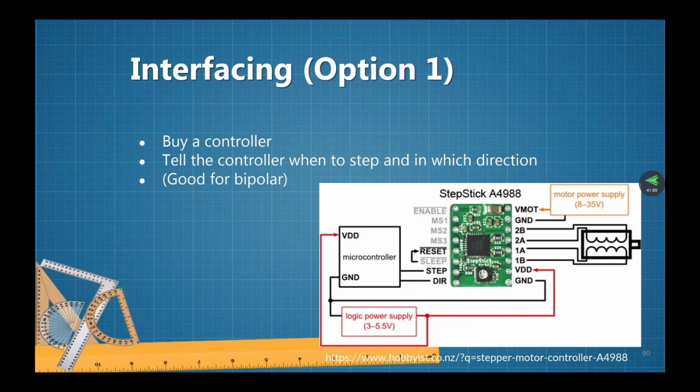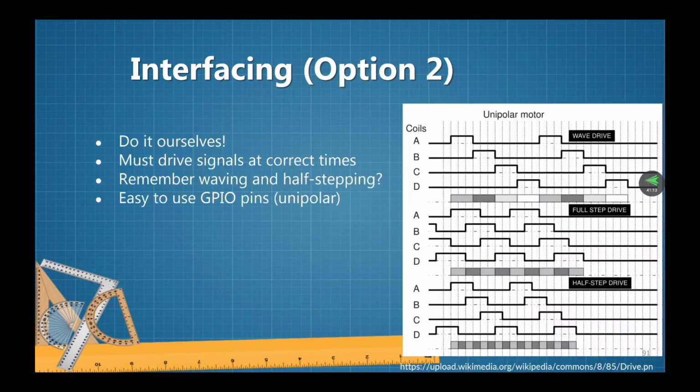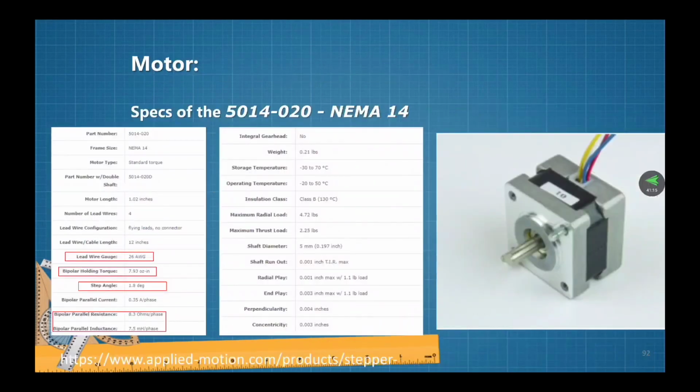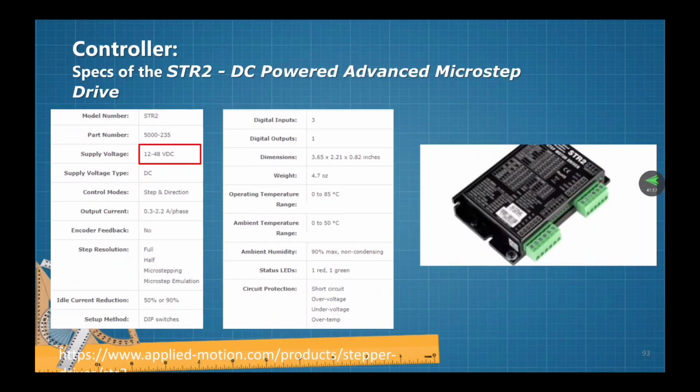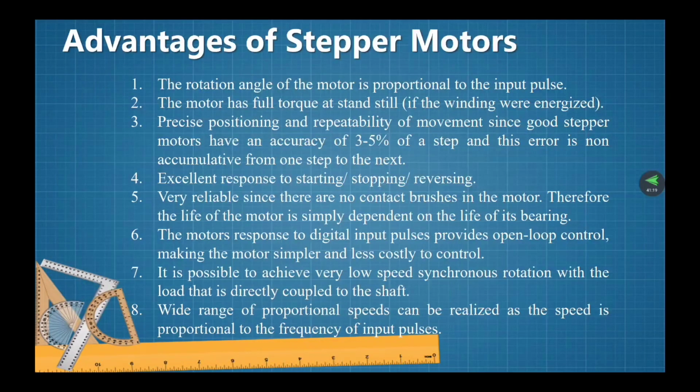And we can use a controller and driver to make the stepper motor work. Okay, this is the type of stepper motor. And now we move to the advantages and disadvantages of the stepper motor.